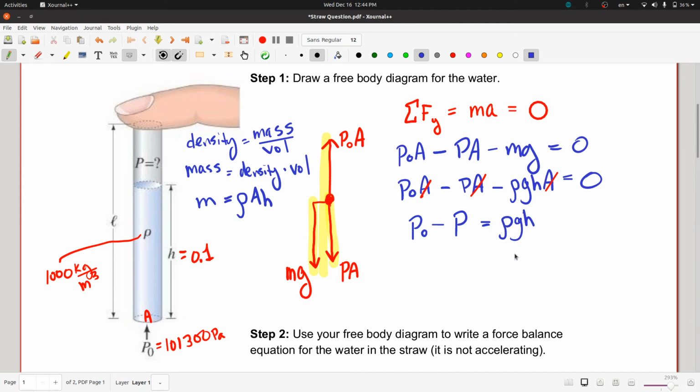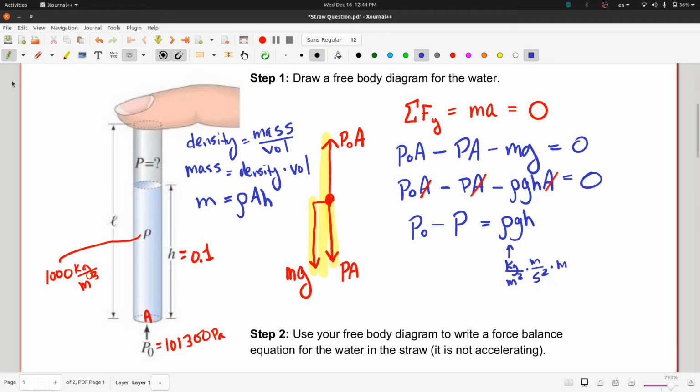So looking at the units here, let's use the SI symbols: mass per volume is kilograms per cubic meter. g has units of meters per second squared, and h has units of meters.